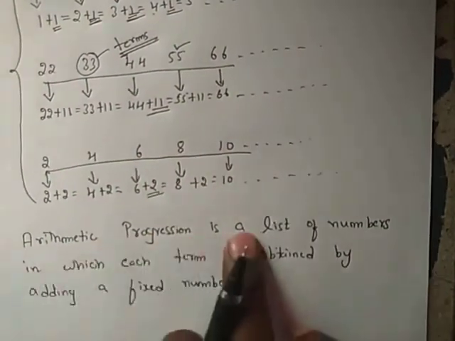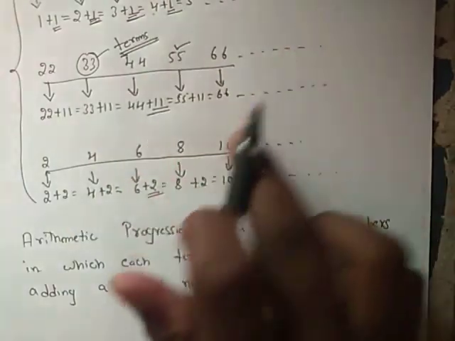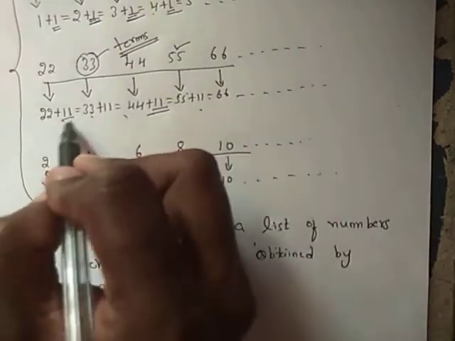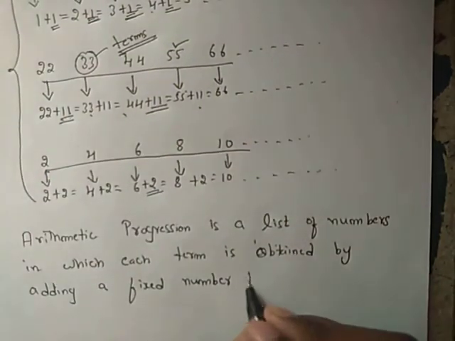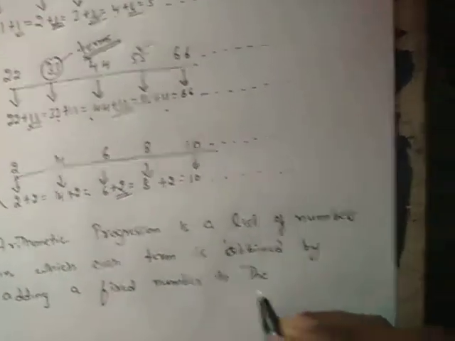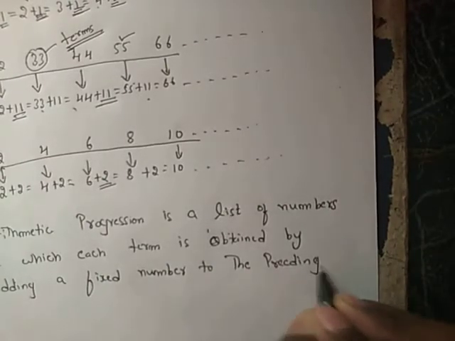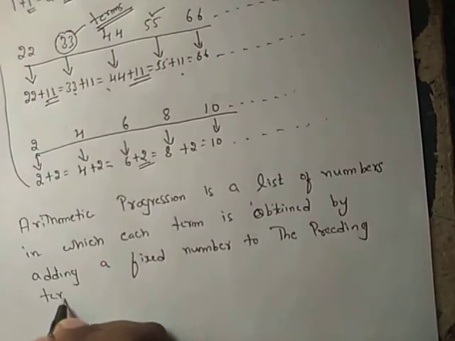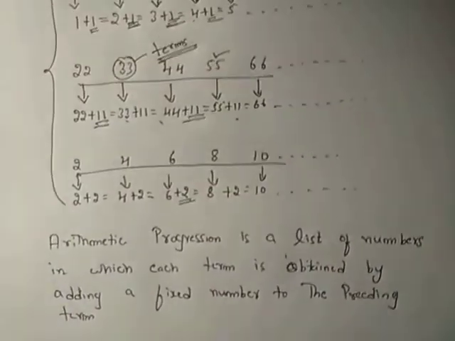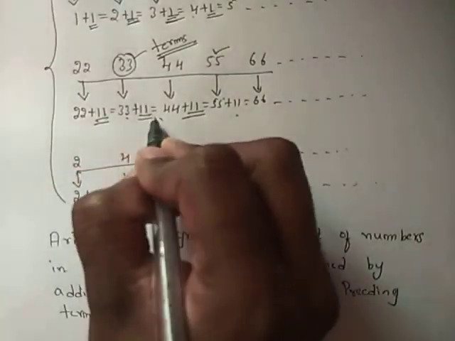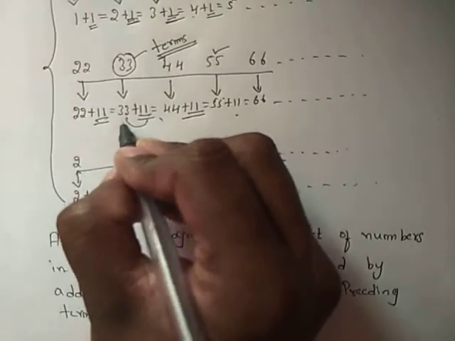Arithmetic progression is a list of numbers in which each term is obtained by adding a fixed number to the preceding term.